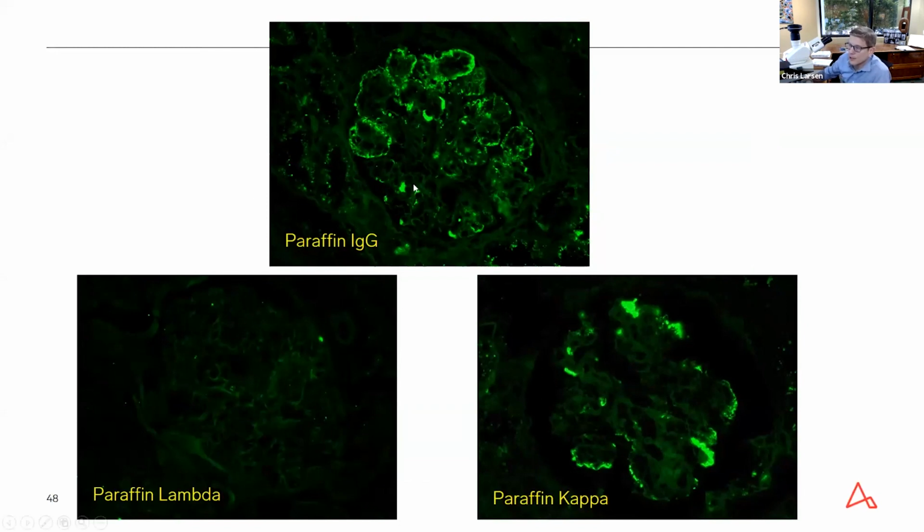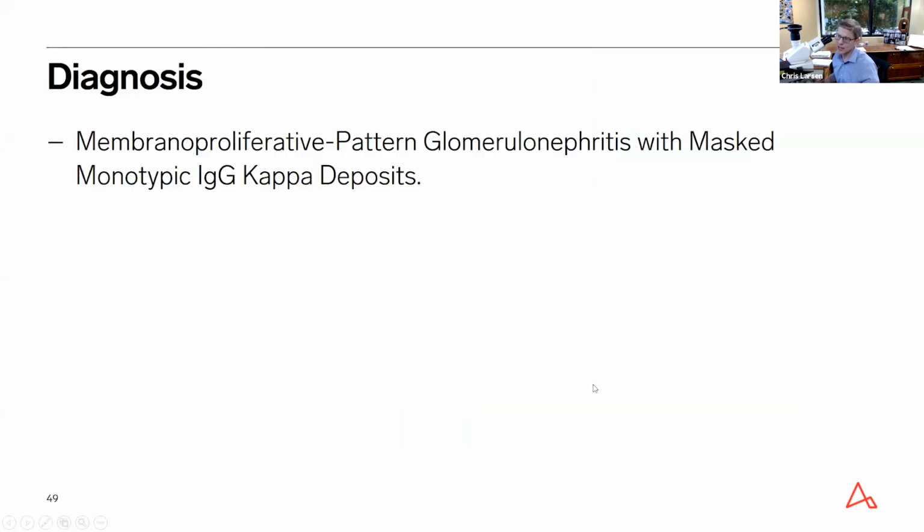Again, very similar to last time, while IgG was negative on the routine frozen immunofluorescence, it's now positive. You see it staining along the capillary loops. It matches the kappa, but the lambda is negative. It does not unmask. So unmasking for IgG and kappa.